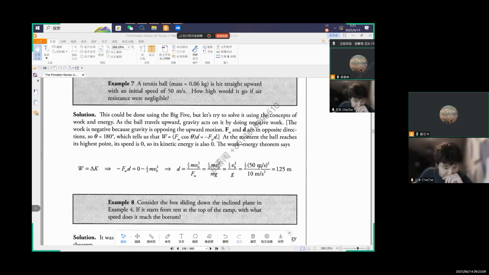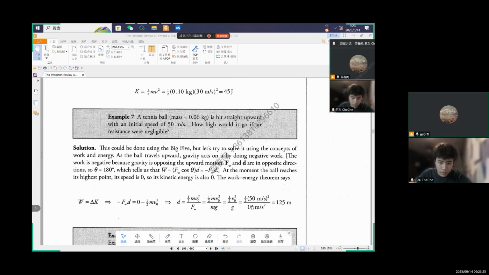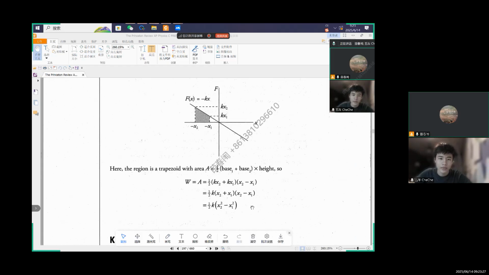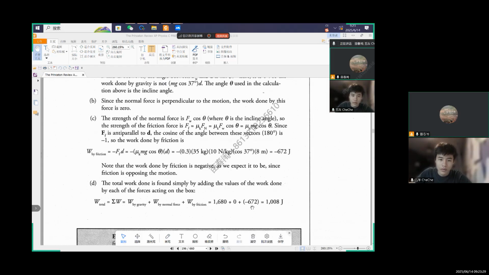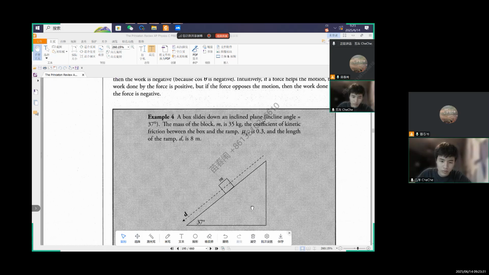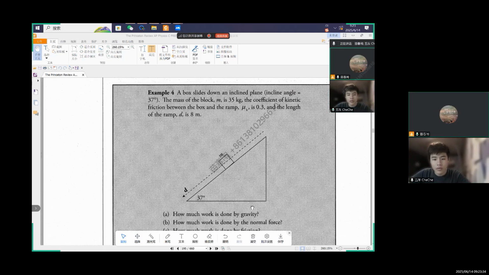We need the example 4. You can read this and then we'll go back to example 4. I could just take a screenshot of that. Oh, you can take a screenshot of this and then go back to example 4. Oh, that big one.